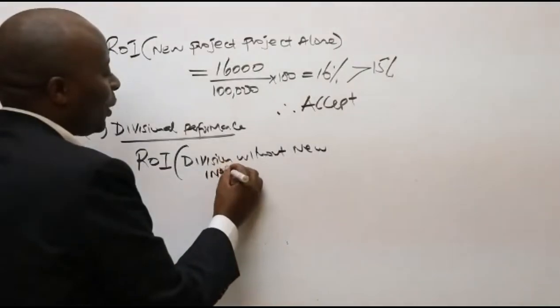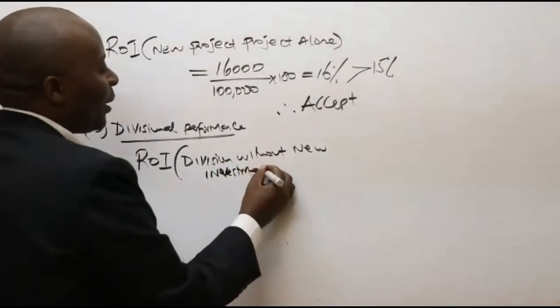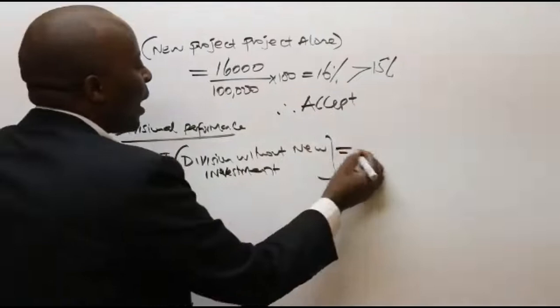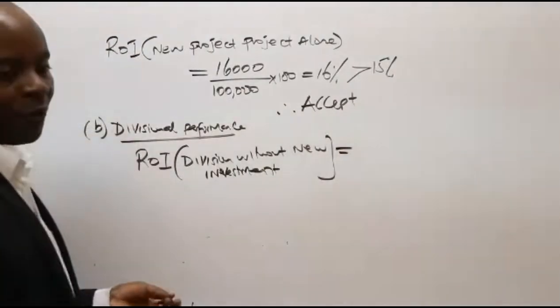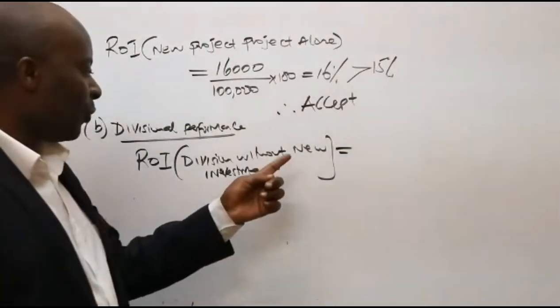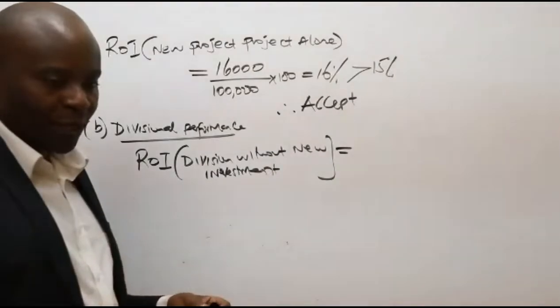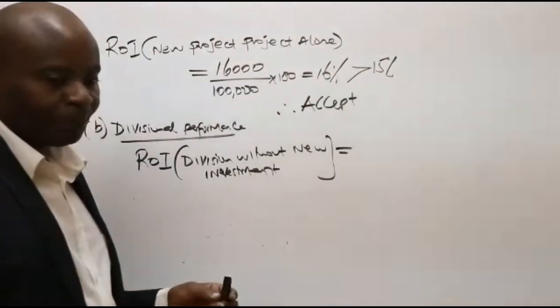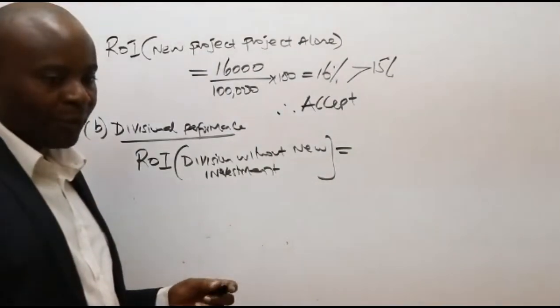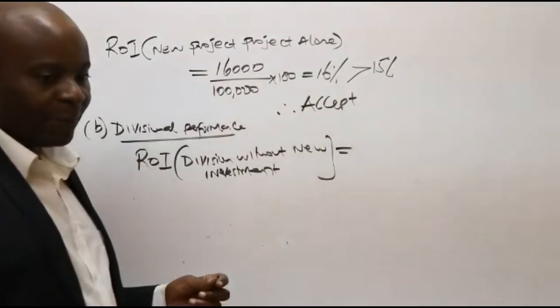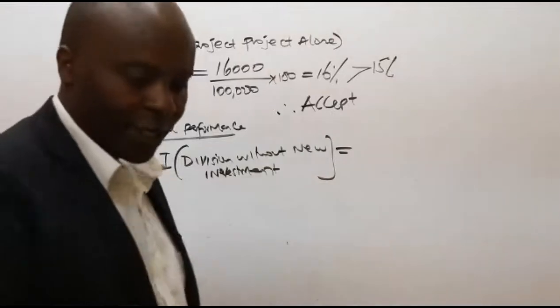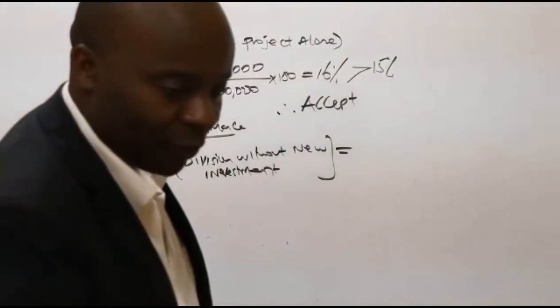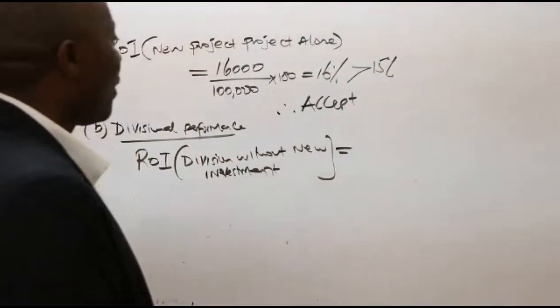Without the new investment, they gave us a profit in part one up there. Who is able to remember that profit? Somebody? The profit for the division, the 80,000, yes.